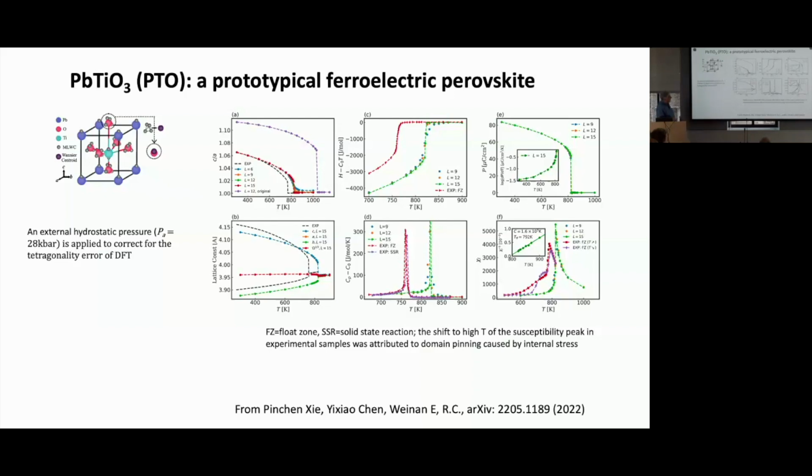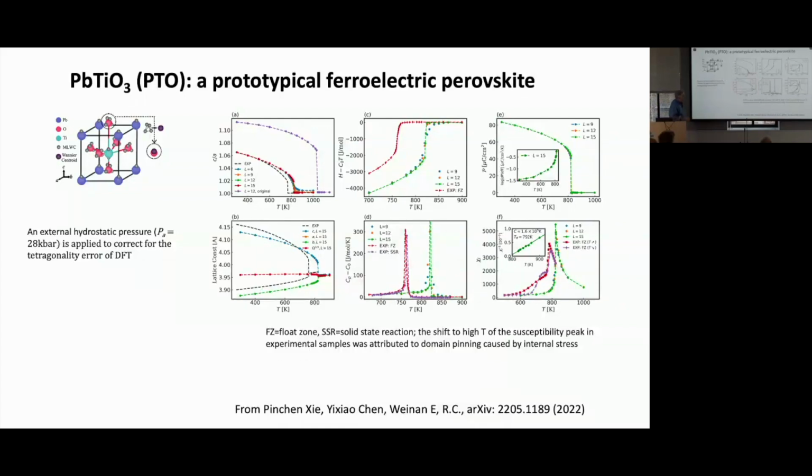This is the experimental heat capacity in two experimental samples that have been grown by float zone and by solid state reaction techniques. Again, we have an even sharper behavior of the heat capacity, calculated from the fluctuation of the polarization in the molecular dynamics simulation. We think our sharper behavior is due to the fact that we have a pure sample.